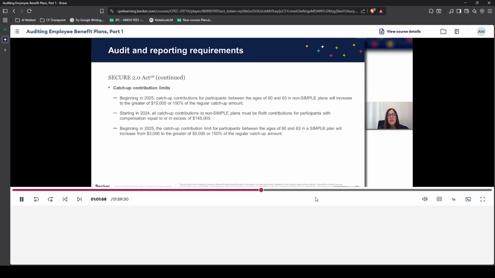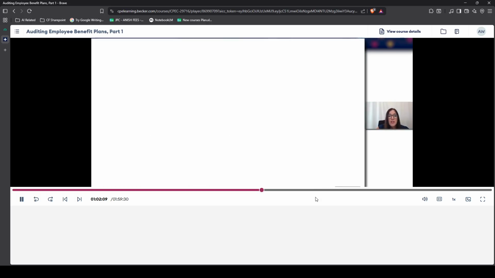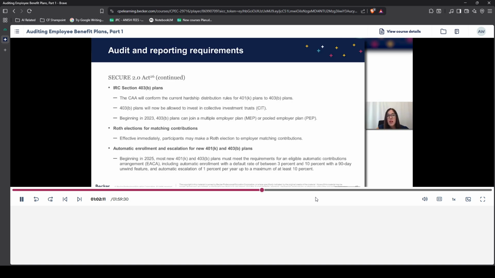You're testing to make sure that all of those catch-up contributions to non-simple plans must be Roth contributions for certain people. So there's a lot of moving parts and pieces here under Secure 2.0. You need to familiarize yourself. You may need to have conversations with your plan sponsor, and you're going to need to have your plan sponsor work closely with their service provider to make sure that they get their plan documents updated accordingly.